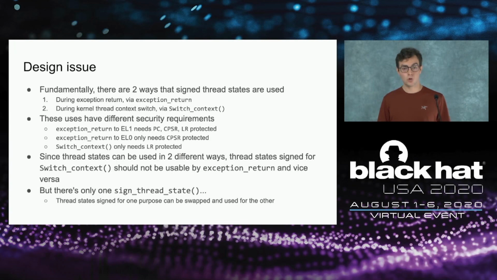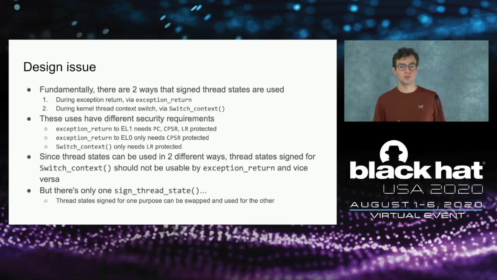For exception returns, when you're doing an exception return back into kernel mode, you really do care about all three of the registers, PC, CPSR, and LR, since they all have an effect on what kernel code gets executed. So they all need to be protected in order to ensure control flow integrity.